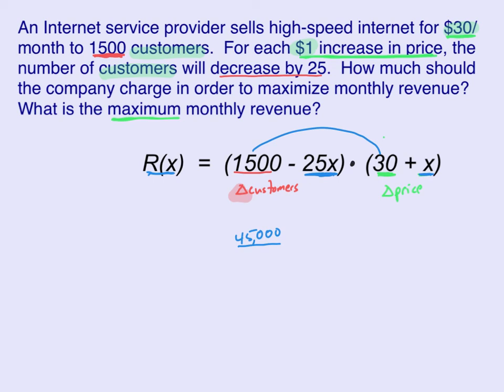And as I look at my graph, I can see a peak, and now I can do second trace, number 4, maximum, and I go left bound, I go right bound, and when I find the maximum, it is at this point. X is 15 and Y is 50,625.